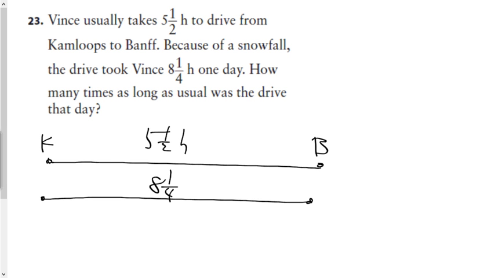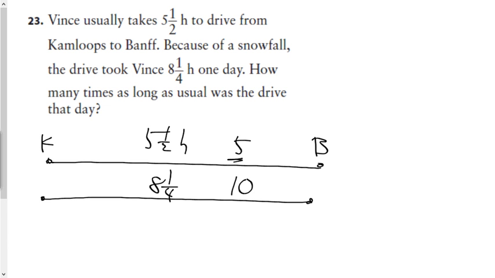Now, a good example for this would be to think of easier numbers. If it took 5 hours instead of 5.5 and it took 10, how many times longer did it take on a snowfall day in this example? If it took 5 hours the first way and 10 hours the second, it was twice as long, right? 2 times as many.